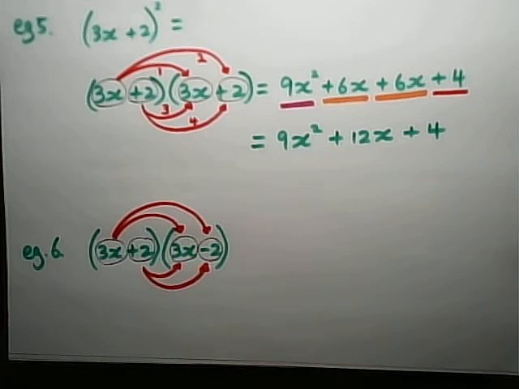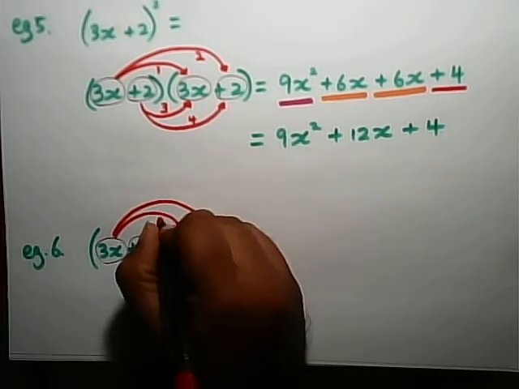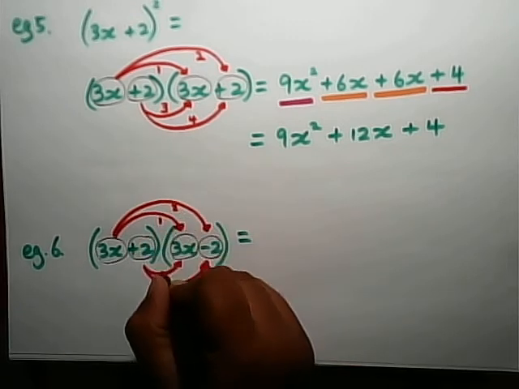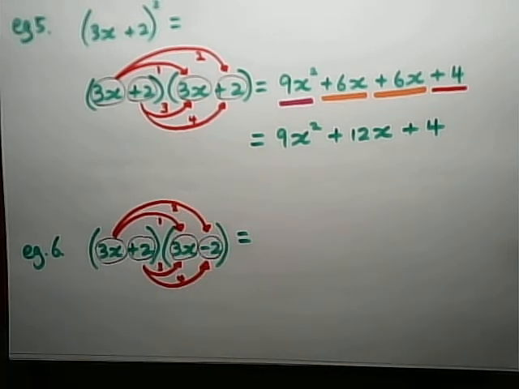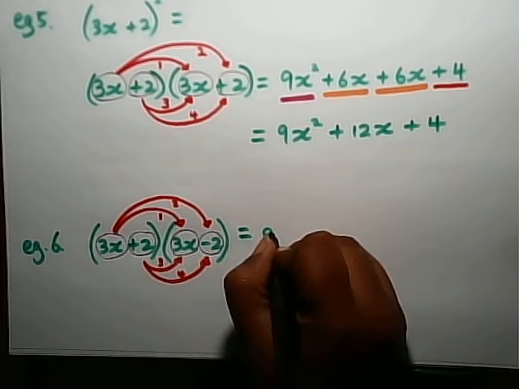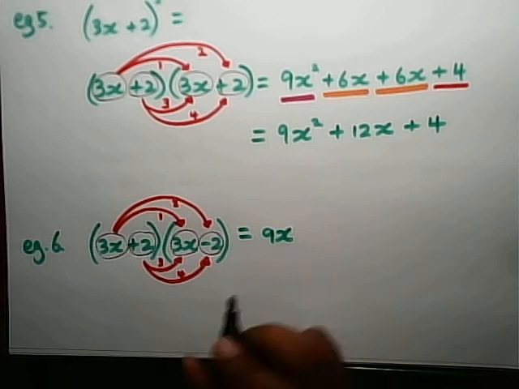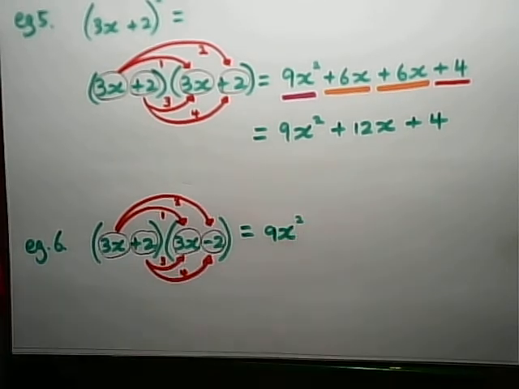Okay, here we go. Step 1, step 2, step 3, step 4. Step 1, 3x times 3x gives you a 9. Don't forget x times x gives you a squared symbol up there.